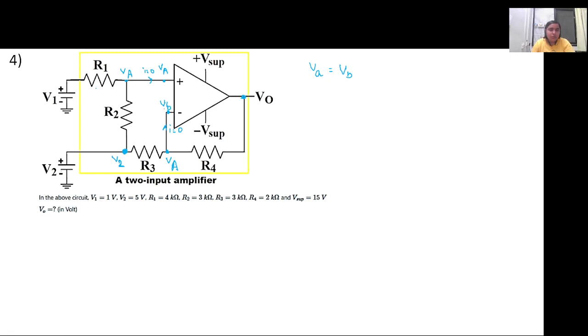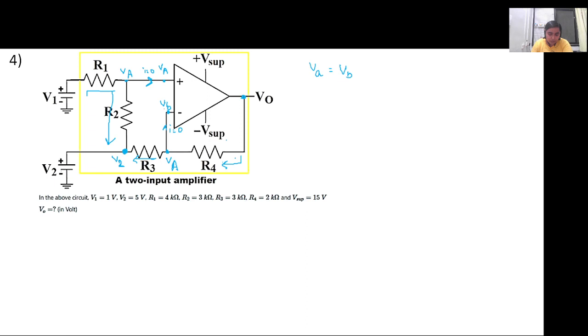So whatever the current will start flowing here will not flow into this OPAMP and will flow in this particular branch, right? And whatever the current is flowing either from the output or to the output is not going into the OPAMP and flows like this, right? Is this okay? Yes, ma'am.